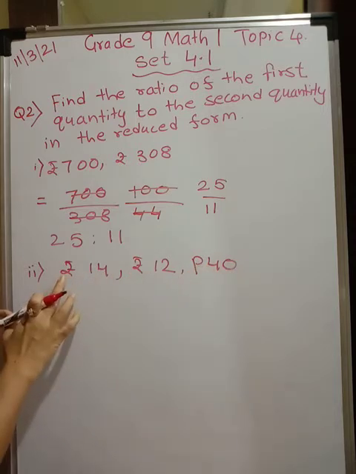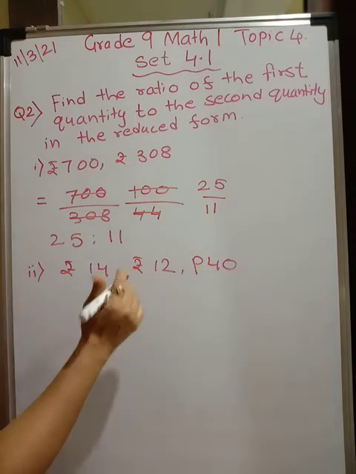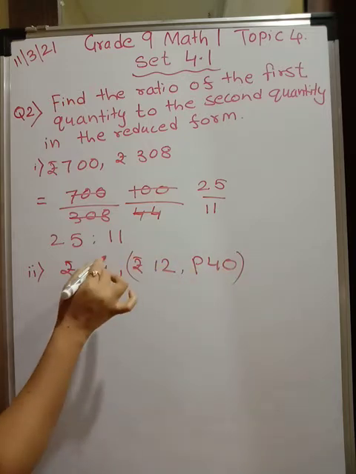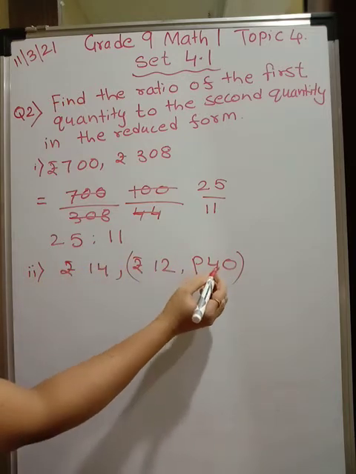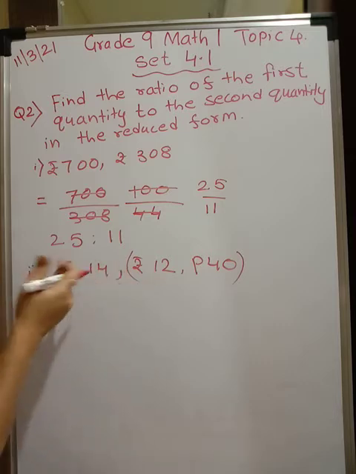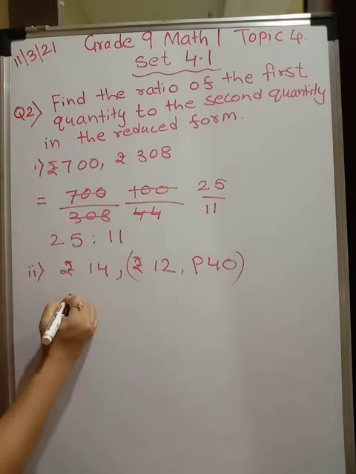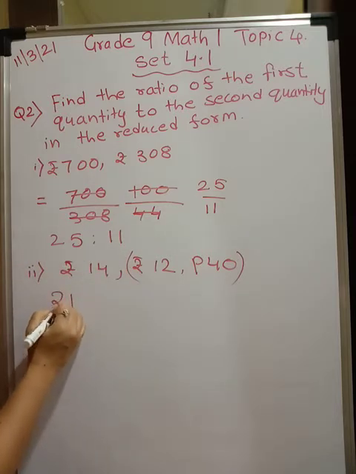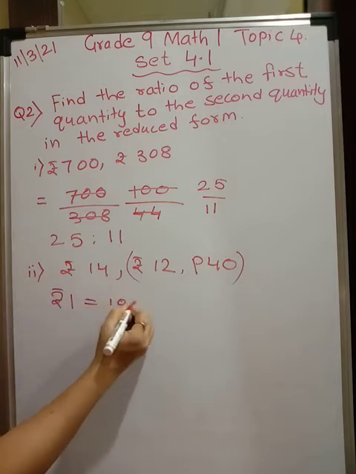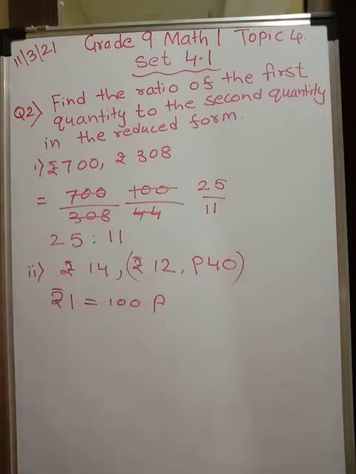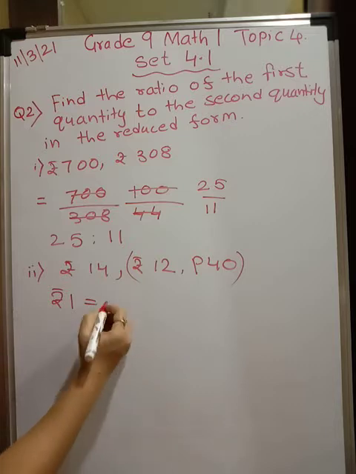These two are in rupees, but one quantity has 40 paise. So let us convert everything into paise. We know that 1 rupee is equal to 100 paise. Or we can write paise 100.